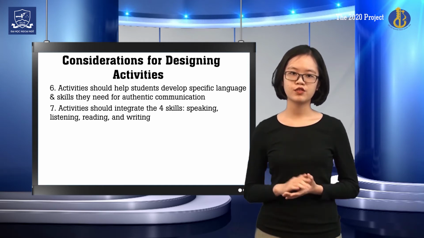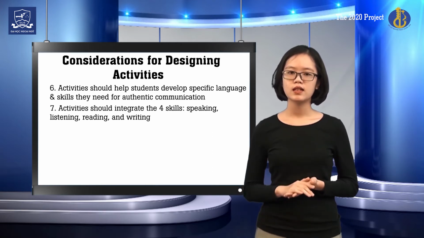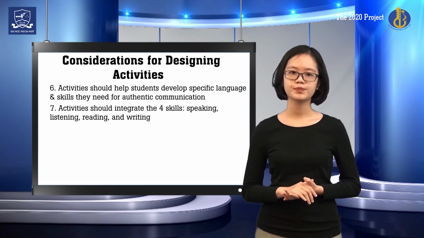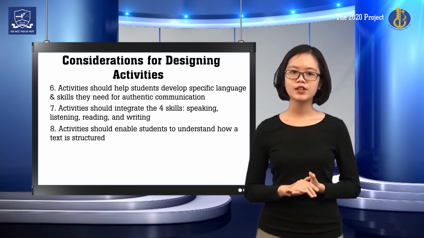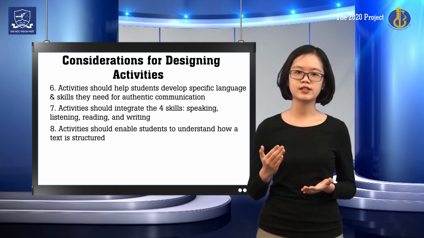Activities should integrate the 4 skills: speaking, listening, reading, and writing, because the 4 skills mutually reinforce each other. Activities should enable students to understand how a text is structured so that the students can gain access to similar texts.